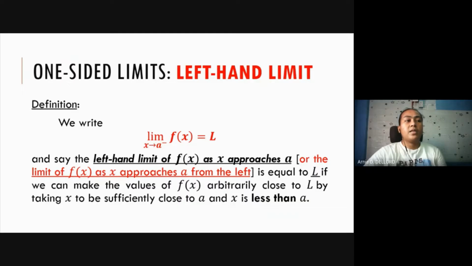The limit of the function f of x as x approaches a from the left is equal to L if we can make the values of f of x arbitrarily close to L by taking x to be sufficiently close to a and x is less than a.